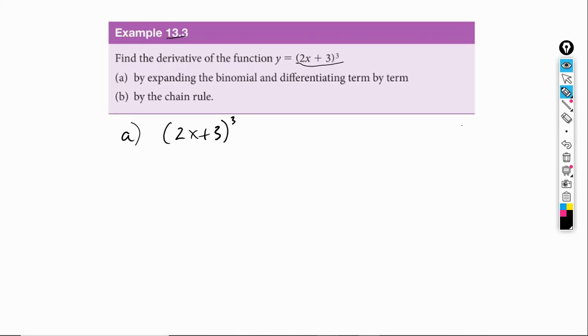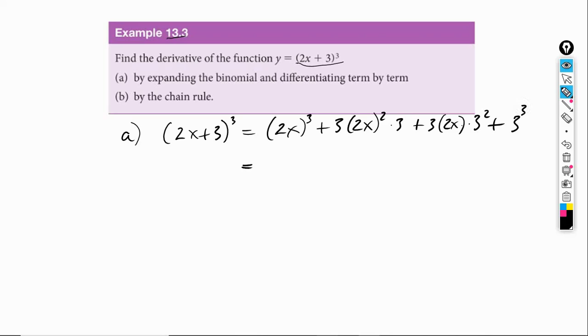So from the rules for binomial expansion, you have to remember that this is going to equal (2x) cubed plus 3 times (2x) squared times 3 plus 3 times 2x times 3 squared plus 3 cubed.